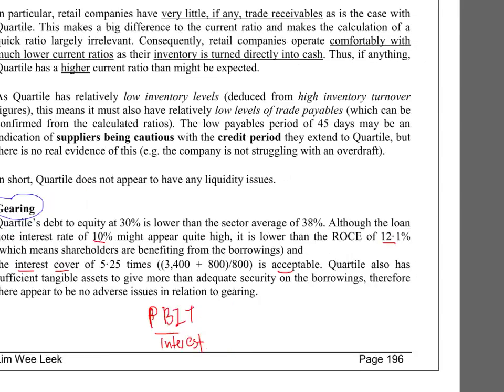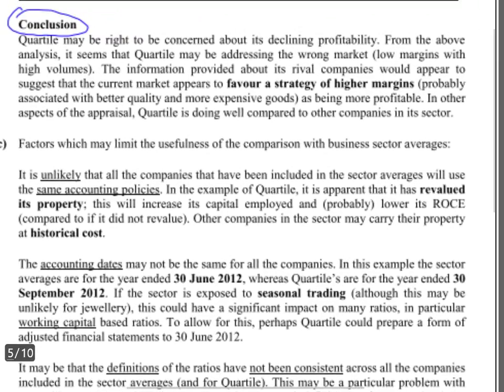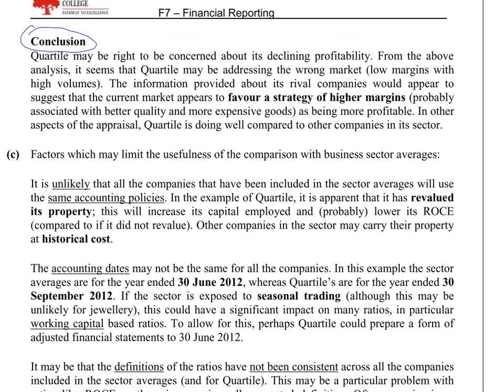Alright. And lastly, you're going to conclude. Just now they said profit is declining, so we have to conclude that yeah, profit is declining because our GP margin dropped, net profit margin also dropped. But luckily with the cost control, we are able to limit a much higher drop in profit.